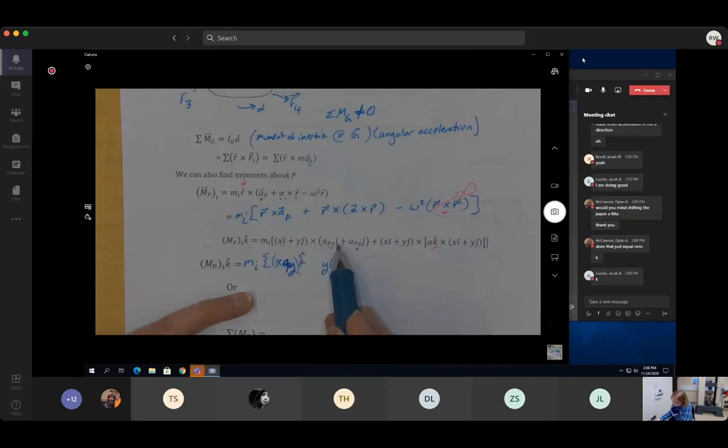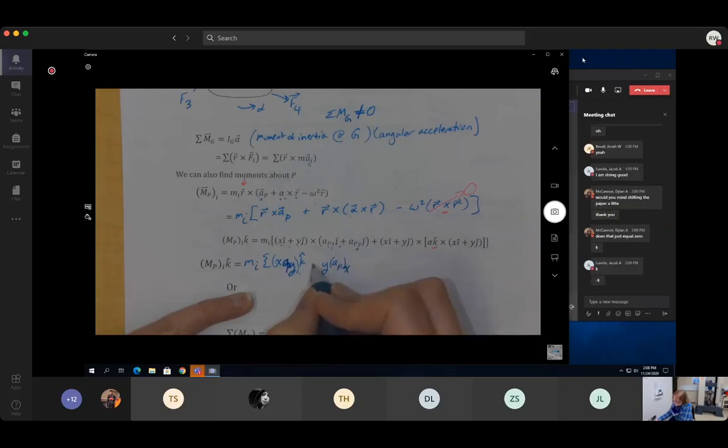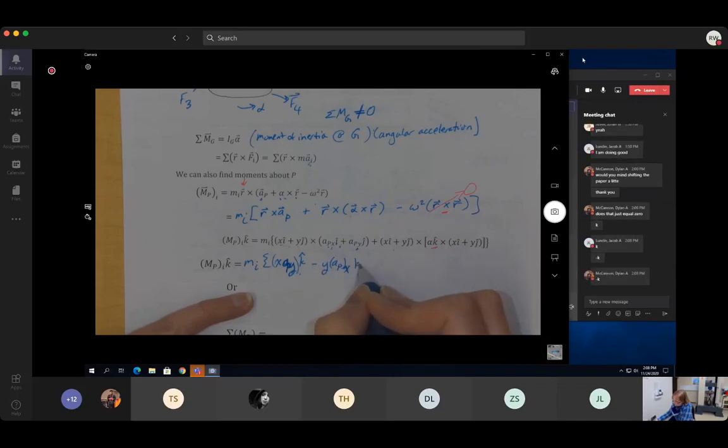We have J crossed with I, which should give us a negative K hat. And then Y times Y is going to be a 0 again.